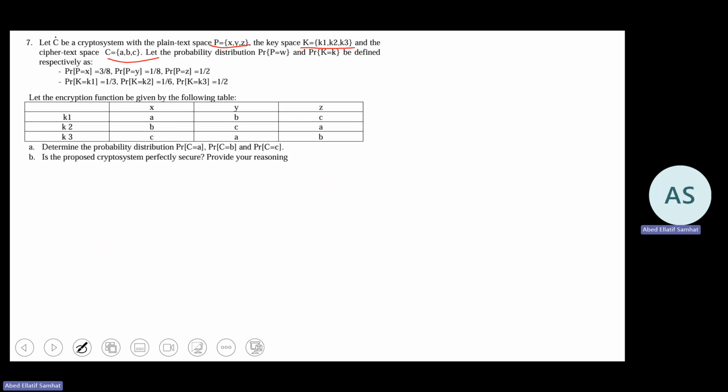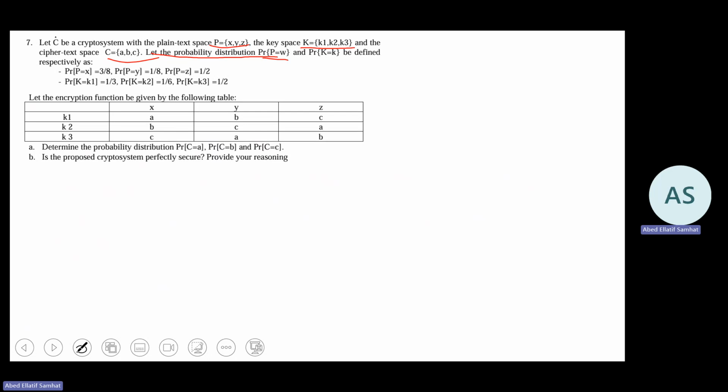We apply it here only for 3 values in each case, but it's just to let you understand the main characteristic of the uniform distribution. So here we give the probability distribution of the probability to have a certain y, or the probability of the key, defined as follows.